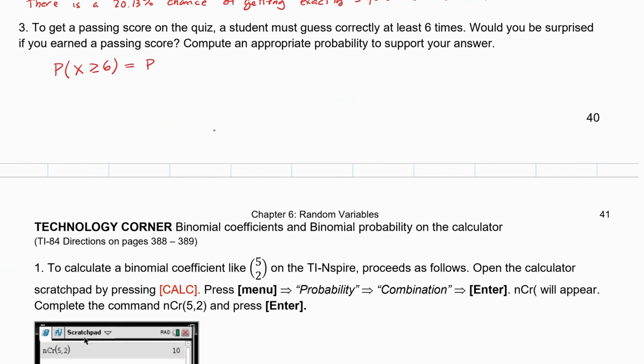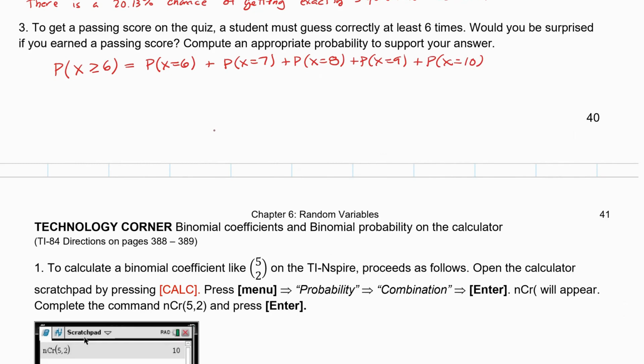Now, I could break this problem down into the probability of getting exactly 6, or exactly 7, or exactly 8, or exactly 9, or exactly 10 questions correct.